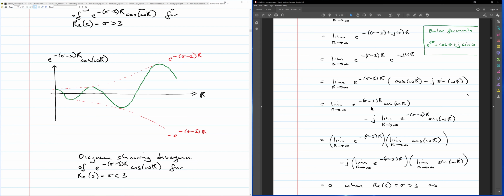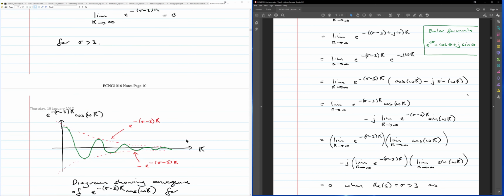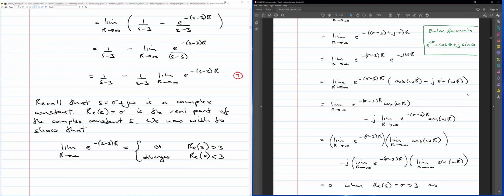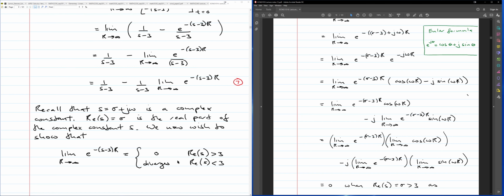This limit is not going to exist and this limit is not going to exist. So overall, I get the result that I have stated over here: the limit of the exponential is going to be equal to 0 when the sigma is bigger than 3, and it's going to diverge when the sigma is less than 3.